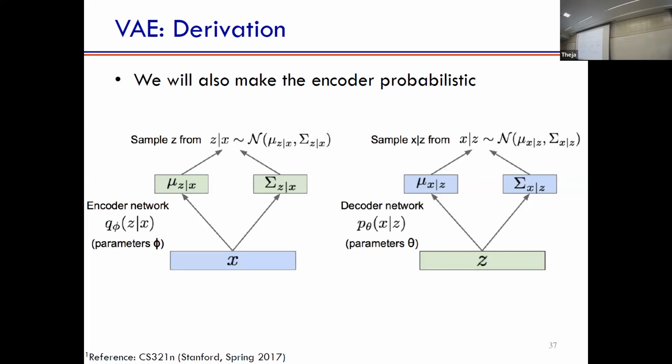Now, what we want to do, because of that integration term in the previous slide, is approximate the probability of z given x using an approximation called q of z given x. So this is a variational approximation of the original p of z given x.